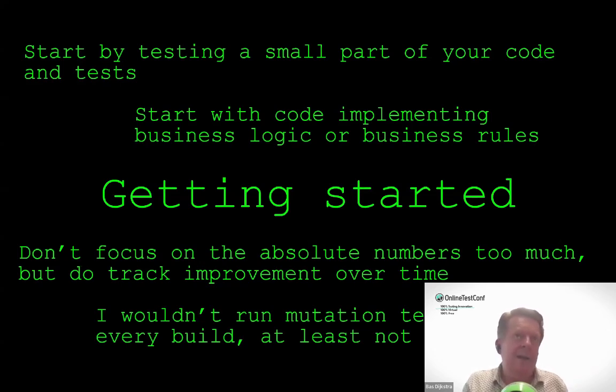And it doesn't really make a lot of sense to produce the information but then not use it before you make a decision on what's the next step in your delivery process, for example. So definitely do it on a regular basis, but I wouldn't initially add it to my build pipeline. Maybe at some point in time you get to a point where you say, yes, I do want to add it to my build pipeline. Would I do that right away? Probably not.